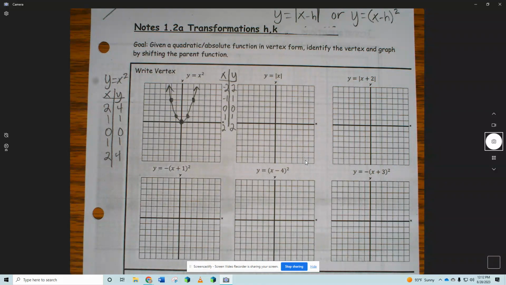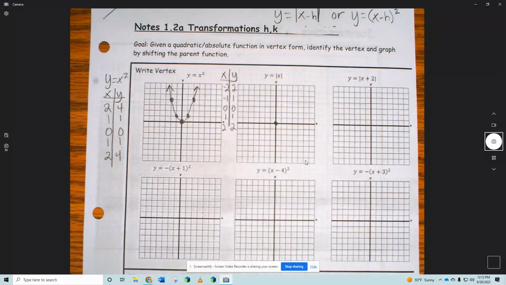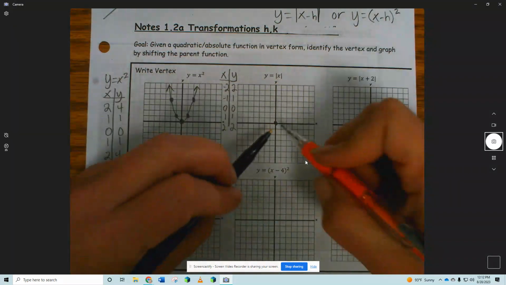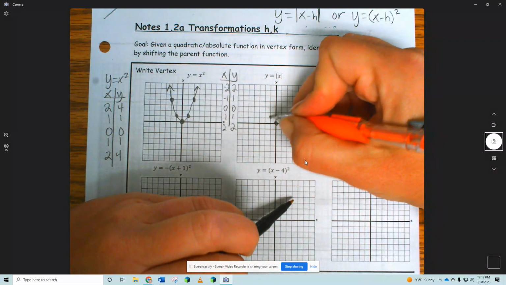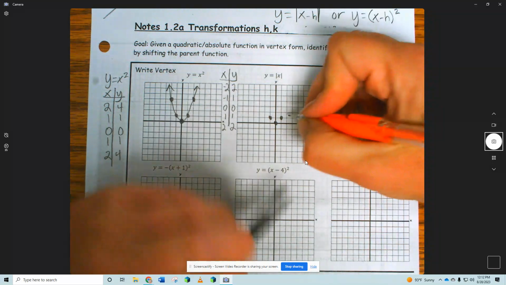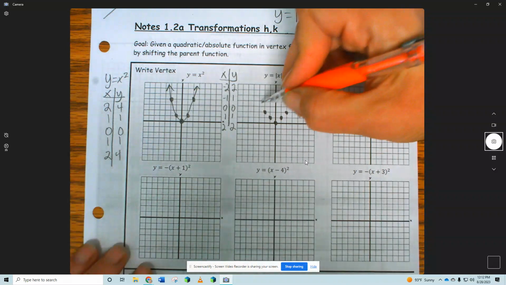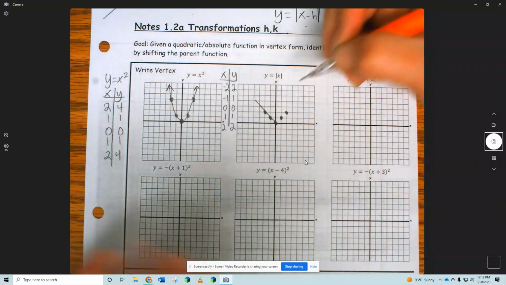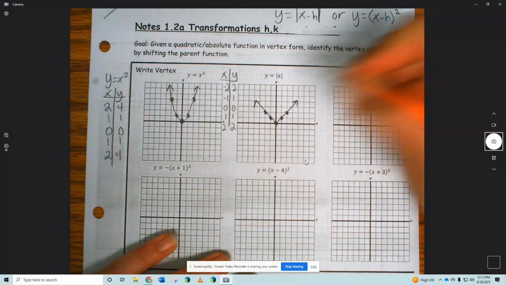No smooth curve, nothing like that at all. So 0, 0. Over 1 in each direction, up 1 in each direction. Over 2 in each direction, up 2 in each direction. Very straight line, very linear. Remember, in the green box is rulers. So if you want rulers for the absolute value, you can grab them from the green box.